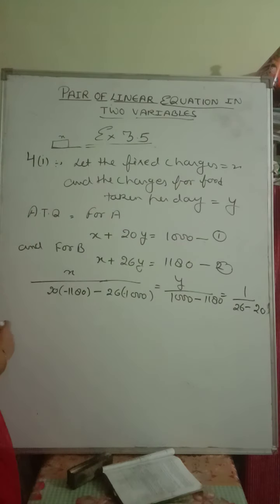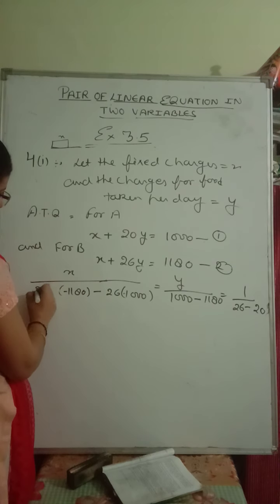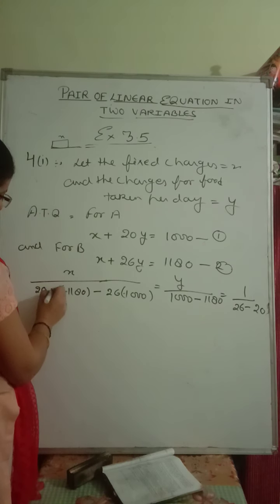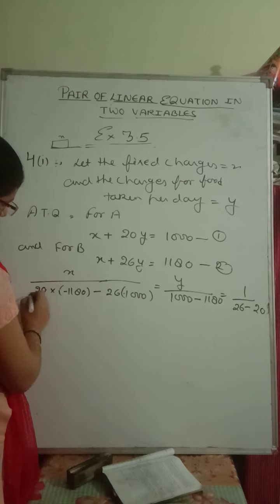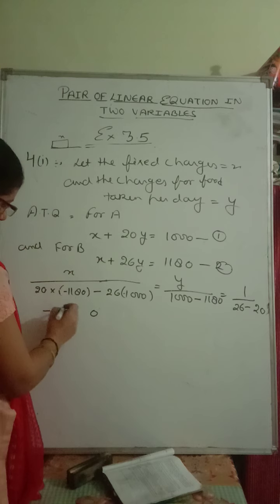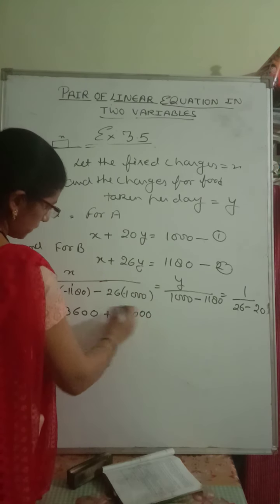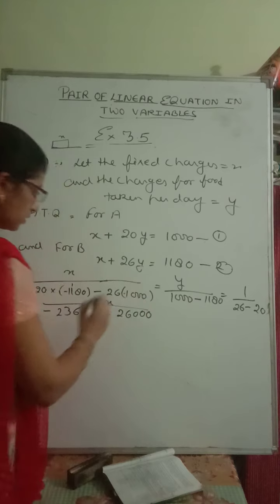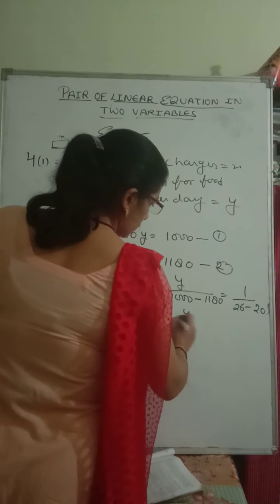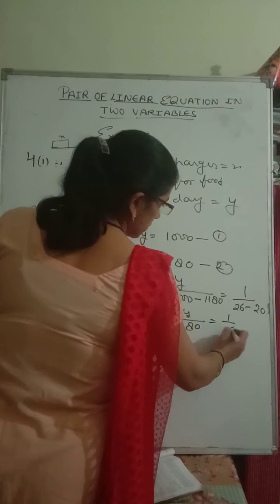Okay, so you will get B1 C2 minus B2. Okay, so minus, you will get 0 and one more 0, 8 to the 16, carry over 1, 2 1 the 2, 1 3, 2 1 the 2, plus 26,000, this is x upon, equals to y upon 180 minus ka equals to 1 upon 6.